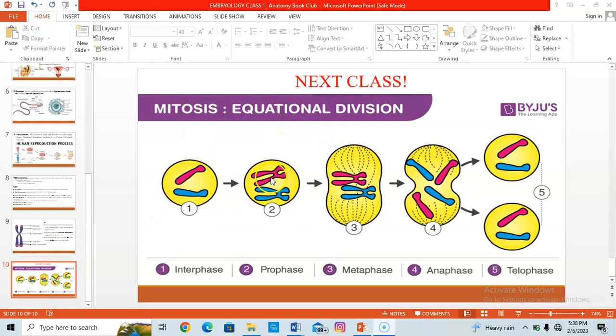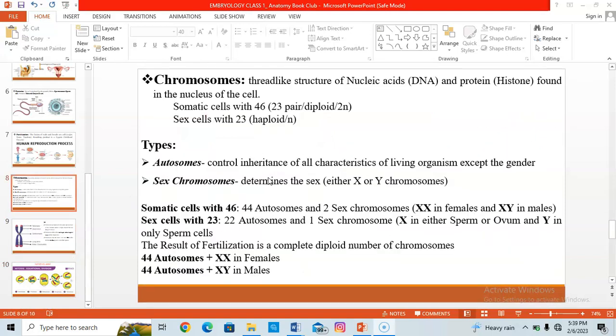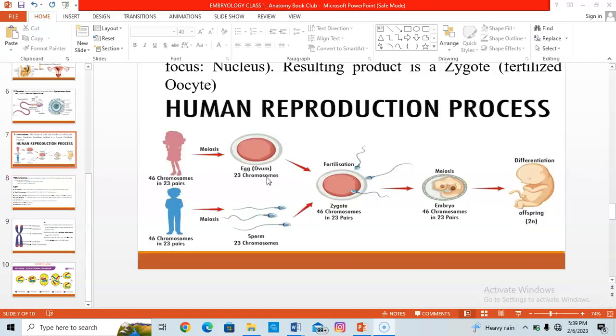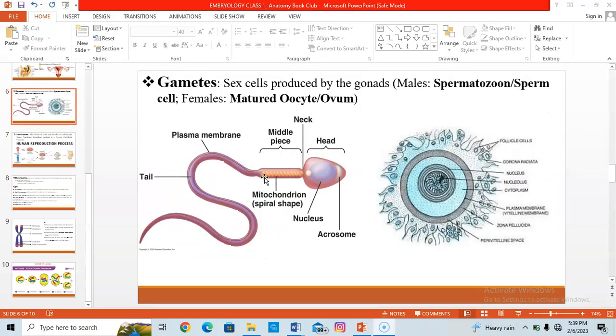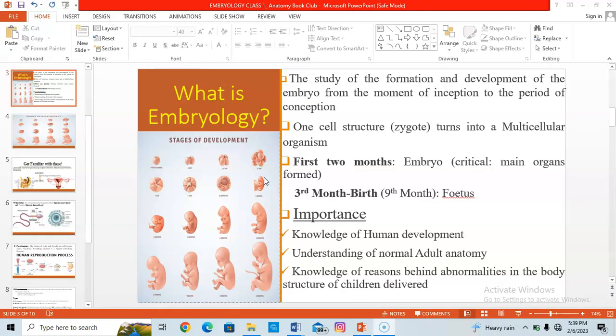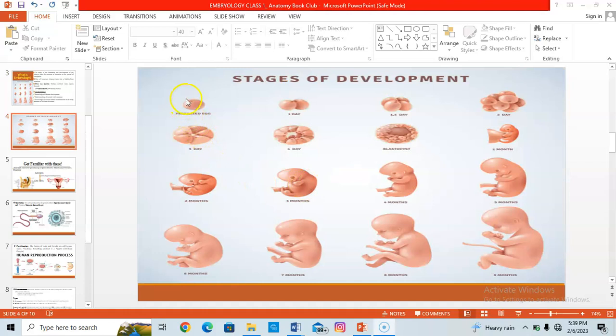So what are you going to focus on for this class? What I want you to focus on is this. This is the basics of the class: how a fertilized oocyte develops into a newborn, and it takes 9 months.